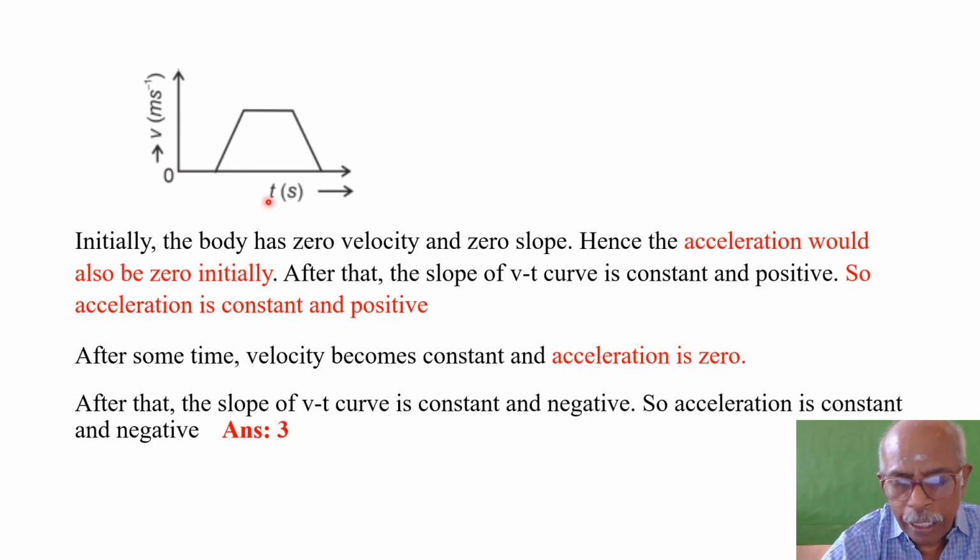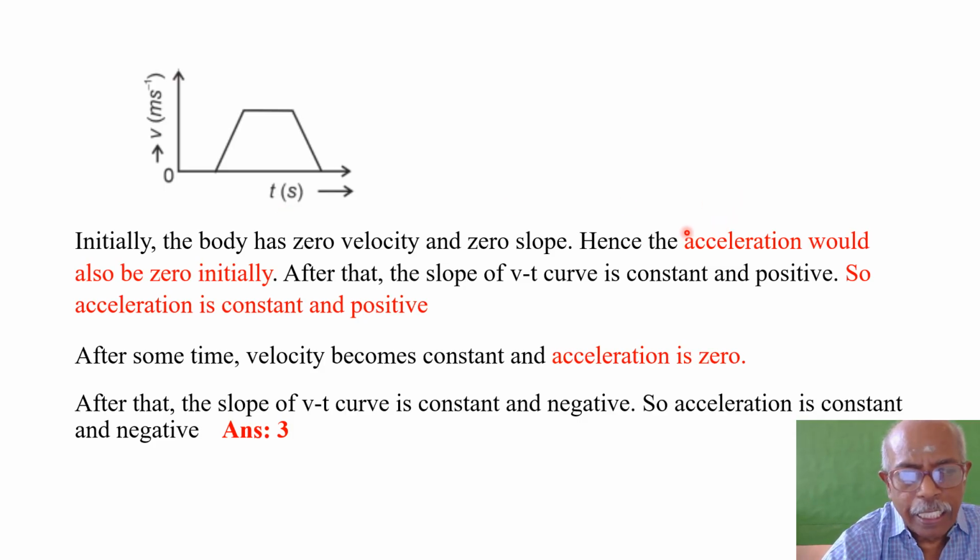The normal x-axis, y-axis slope is dy by dx. Here we have taken v on the y-axis and t on the x-axis. So slope is dv by dt. What is dv by dt? It is nothing but your acceleration. If you differentiate velocity, you will get acceleration.